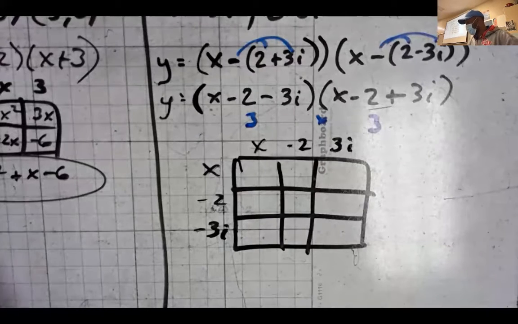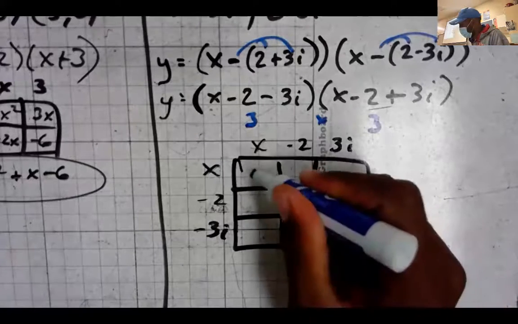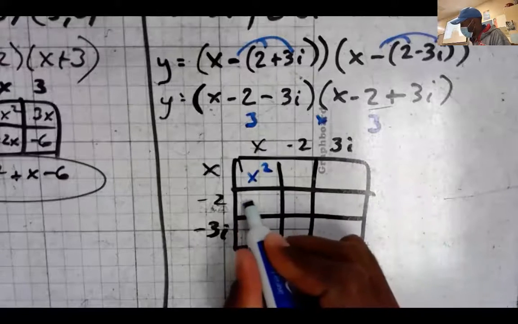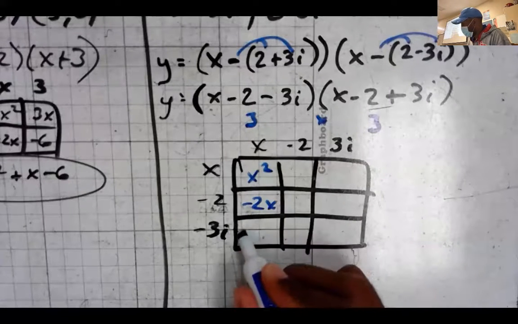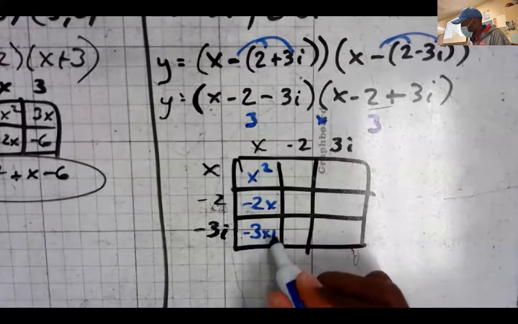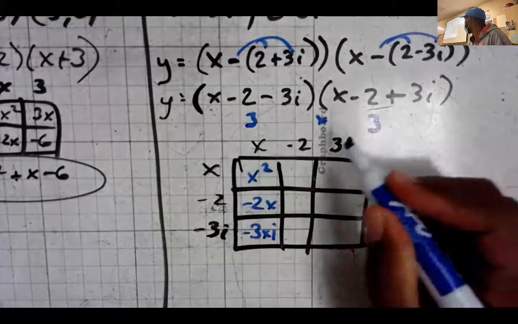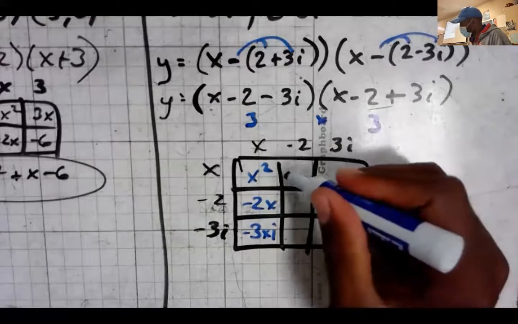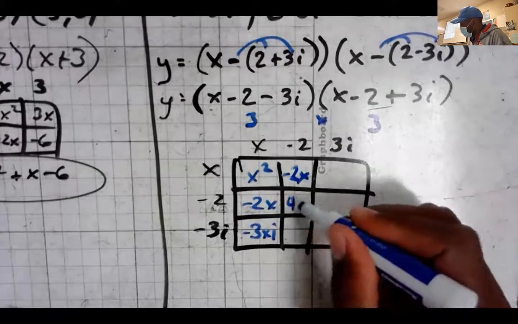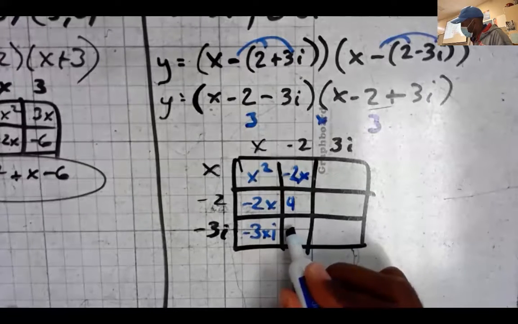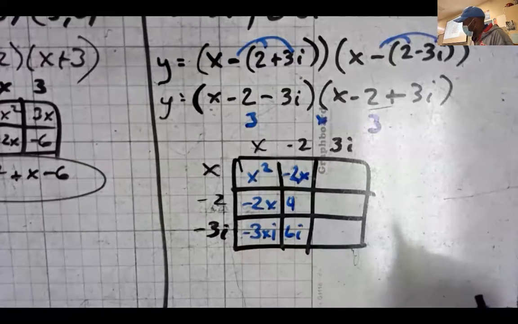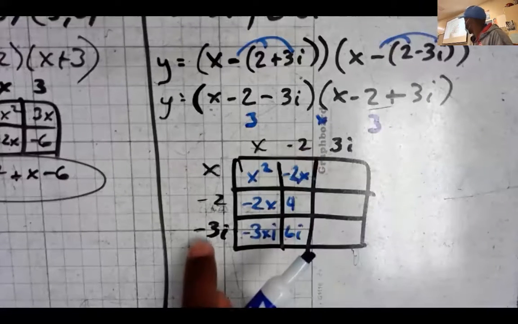Okay, so the first one, we'll have x squared, then minus 2x, then minus 3xi, because we've got an x and an i together. Then here it's going to be minus 2x plus 4 plus 6i, because negative 2 times negative 3i.